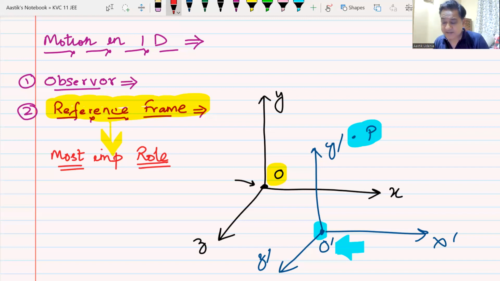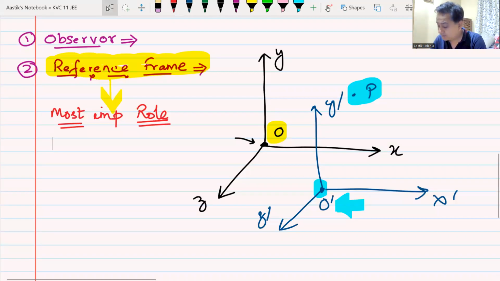Similarly, let us take the example of a person sitting in a bus and a person standing on the road, and see how the difference comes. This is a road.